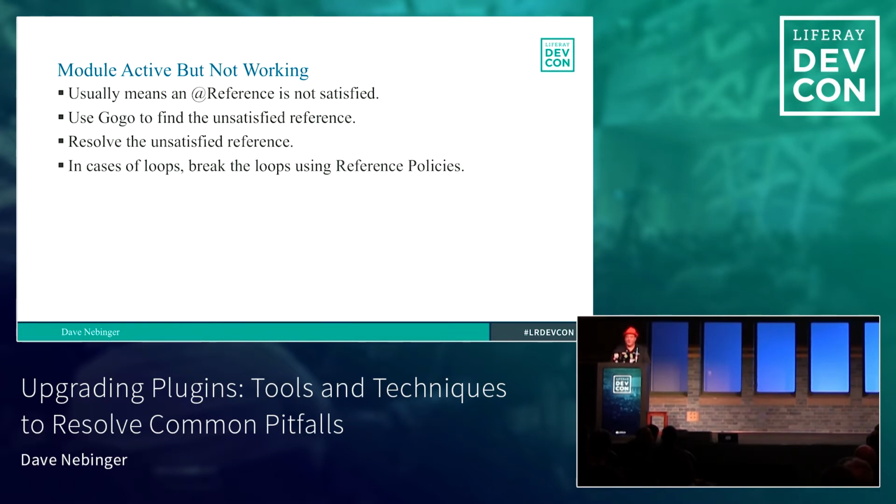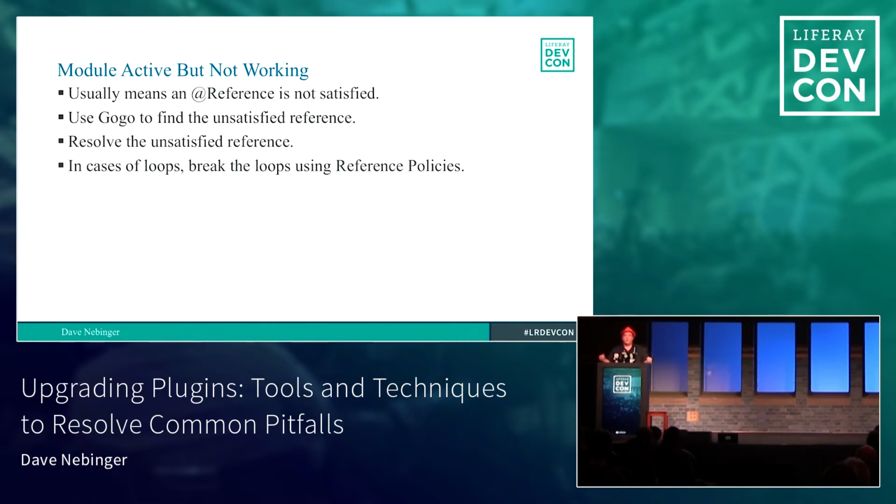You can also get into a situation where you have introduced a loop between your dependencies. So you have module foo that has an @Reference requirement on module bar, and you have module bar that has an @Reference dependency on foo. Well, OSGi is not going to start either one because they have required mandatory references that are just not satisfiable.